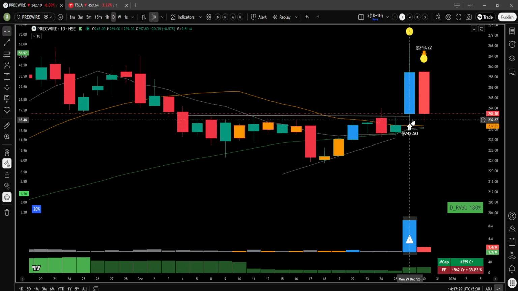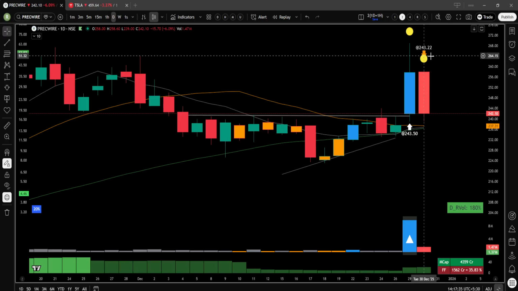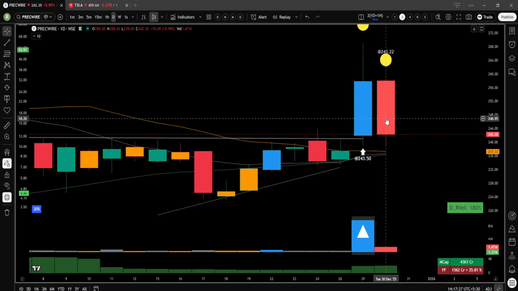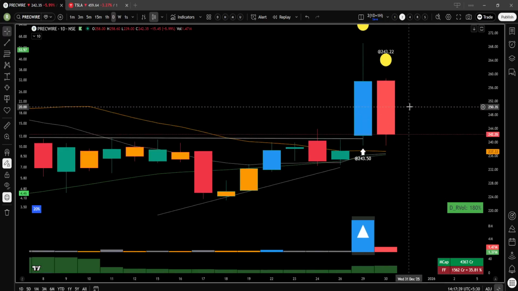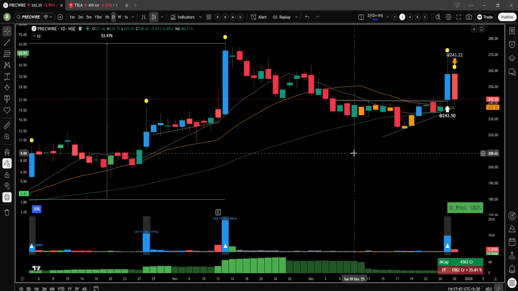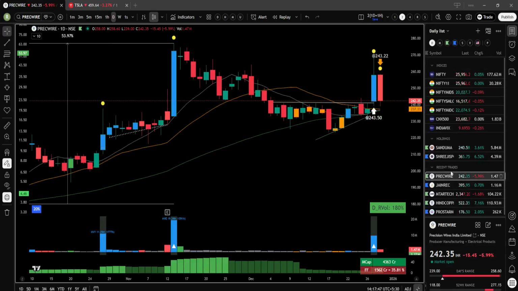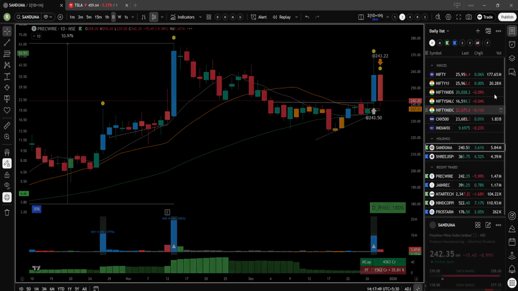My stop was the day low, but the stock was moving better, so I moved my stop to break even. But today the stock took my stop and I exited at the same break even, so this is zero loss. These were my trades for last week and this week.